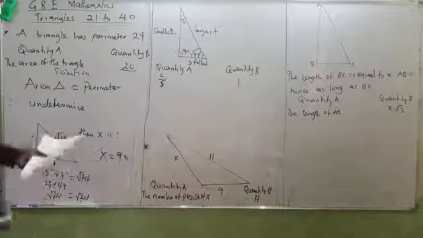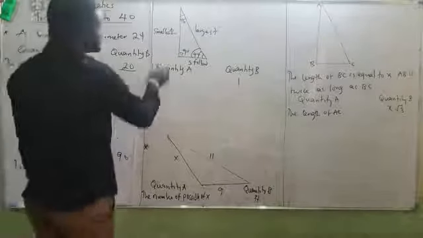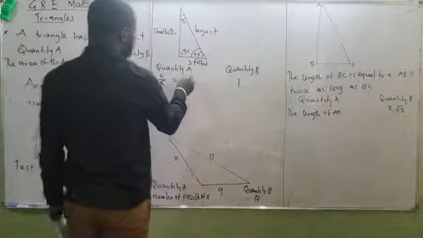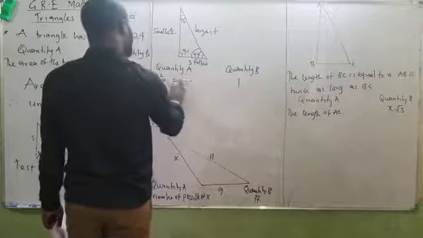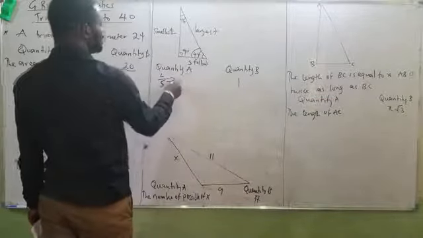You know that this is the smallest, so smallest over middle gives us a proper fraction.